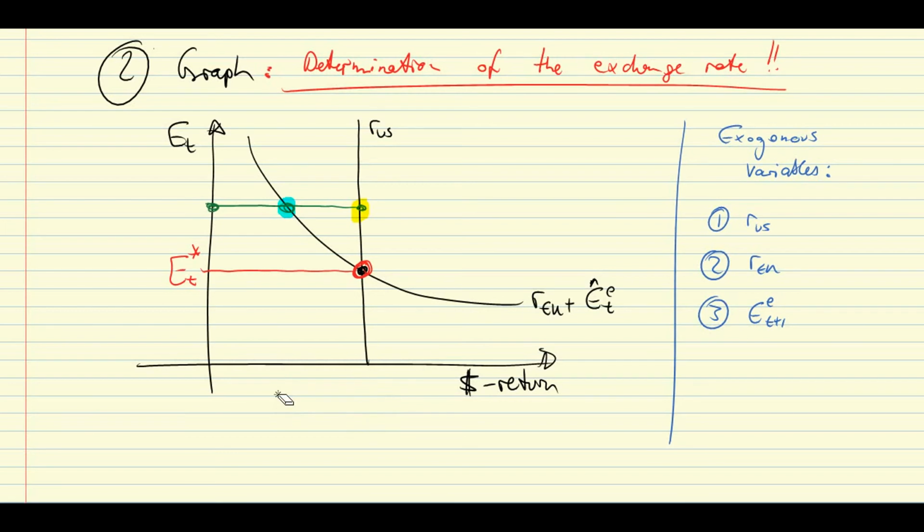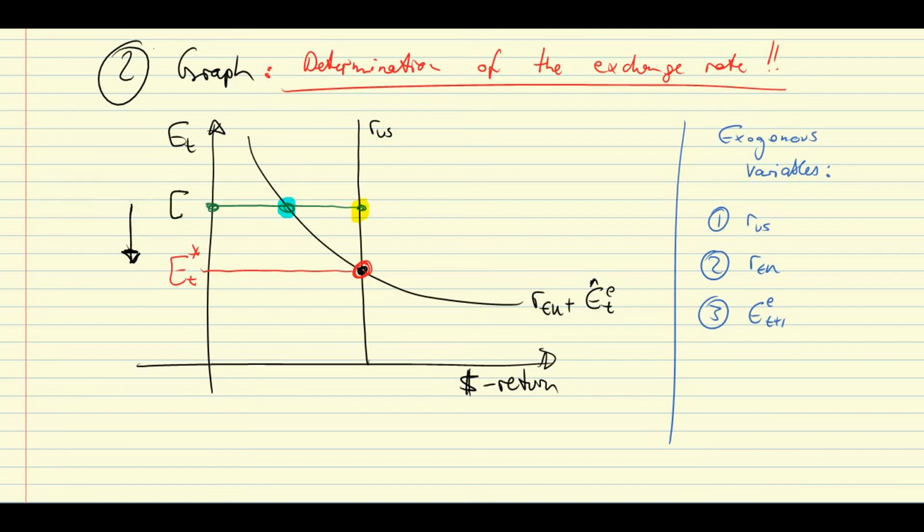Let me not scribble all those things down here. Obviously, the dollar return is higher than the euro return, which means that we're going to have an inflow of funds into US currency. Europeans are going to begin to buy dollars in order to invest into the US asset, and that means that we're getting an appreciation of the exchange rate today.